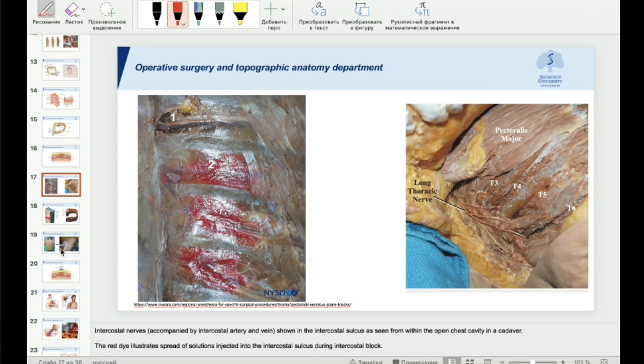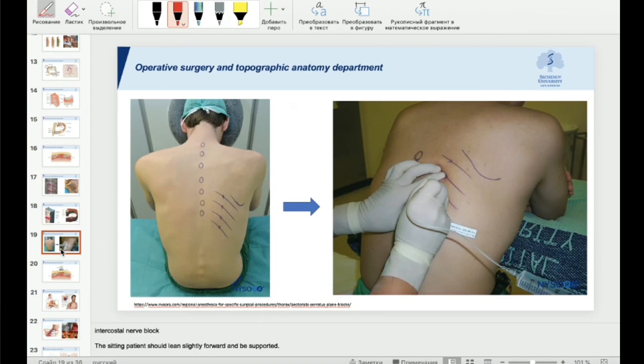Okay, you can use ultrasound, you can use X-ray, you can use any additional techniques, but if your clinic is very poor or you work in the Middle Ages, you can use only your knowledge about how this or that nerve should go. So please look at this picture. You can find a patient before the procedure. We call it intercostal nerve block.